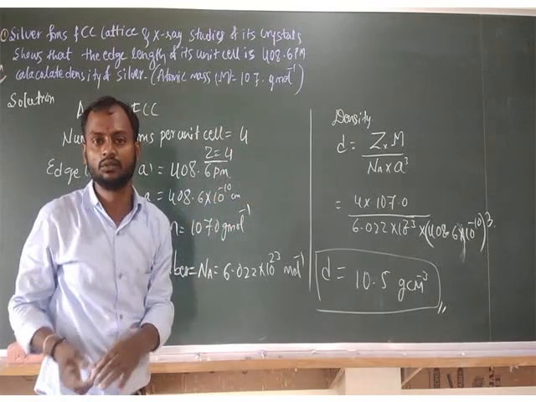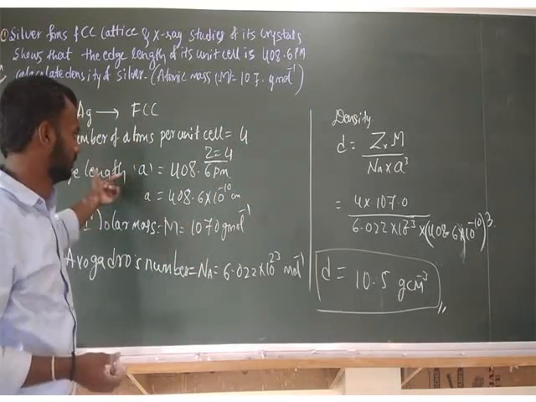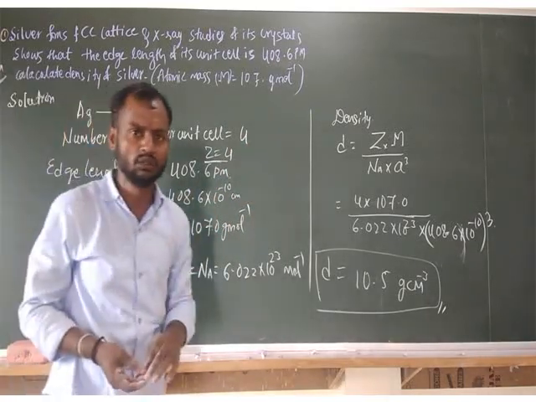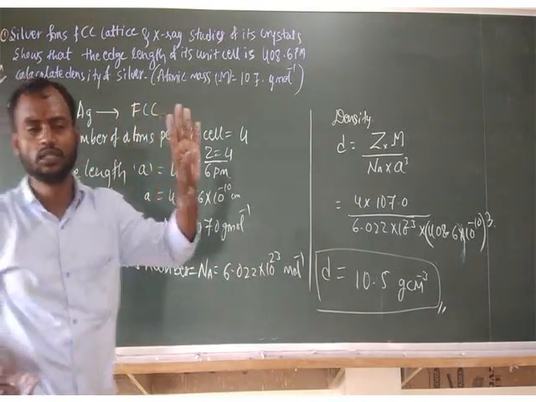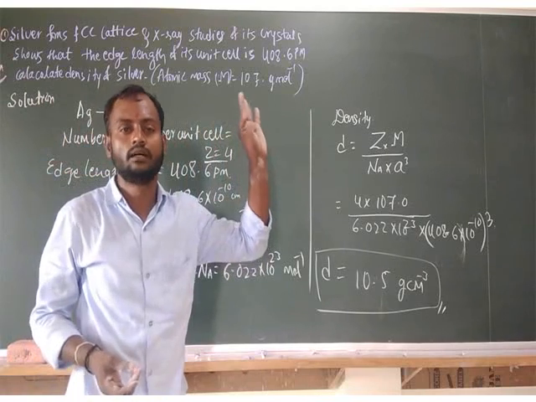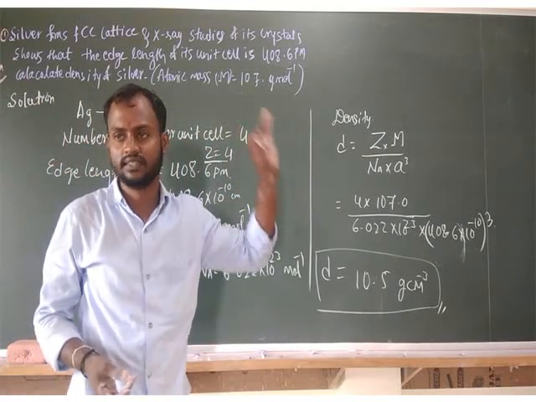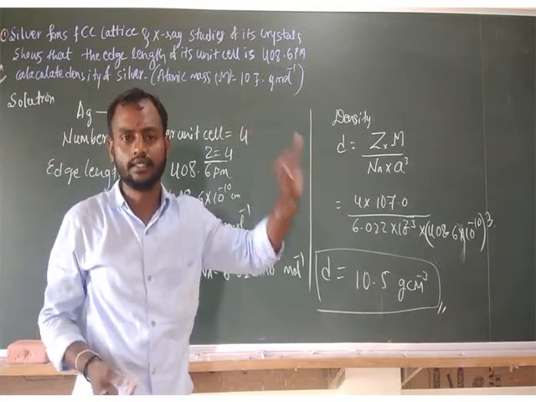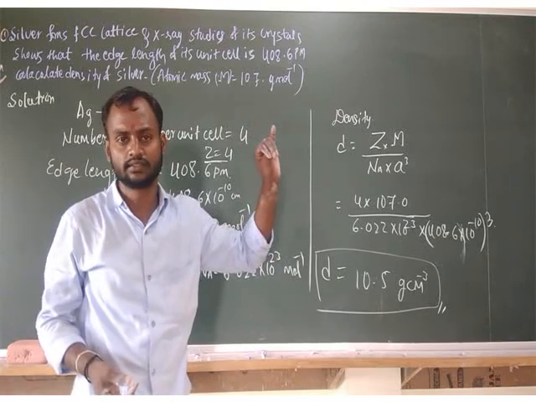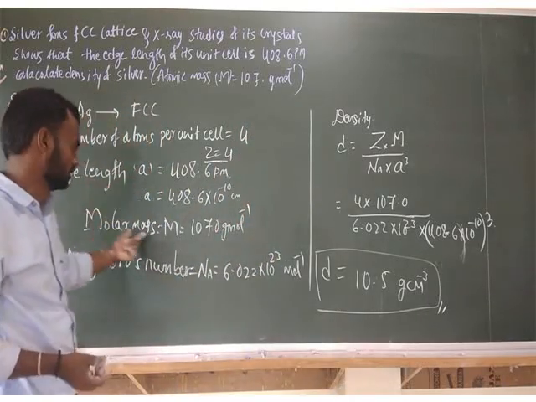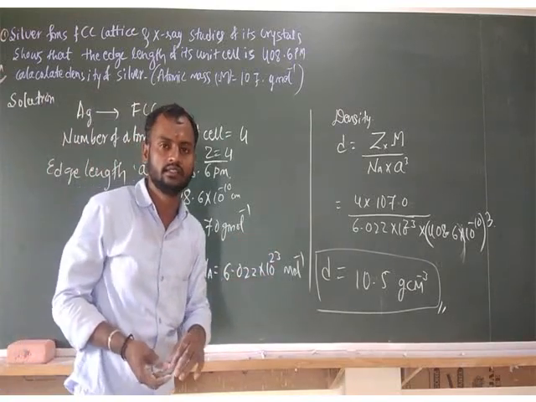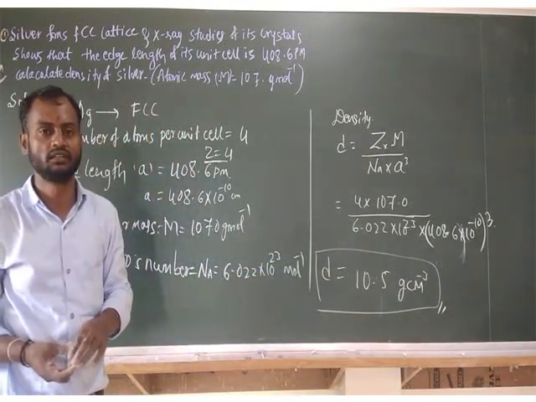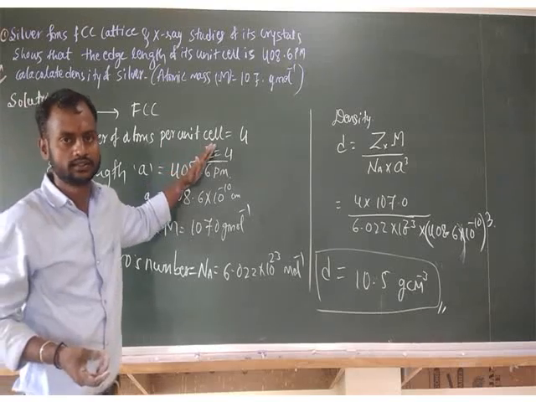The edge length is a given value, and the number of atoms is calculated based upon the simple cubic, body centered cubic, face centered cubic, or edge centered cubic unit cell. The molar mass is also a given value, and Avogadro's number is a constant, fixed value. Clear, students?